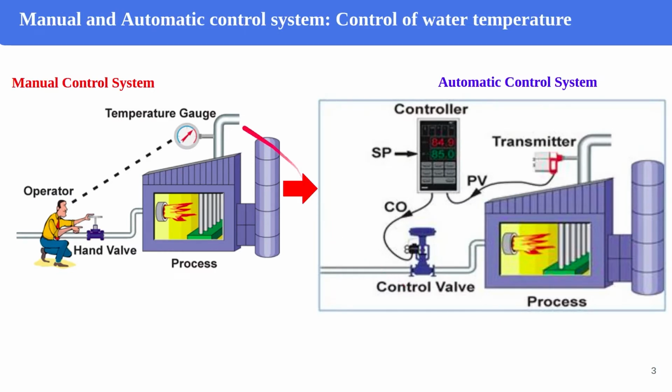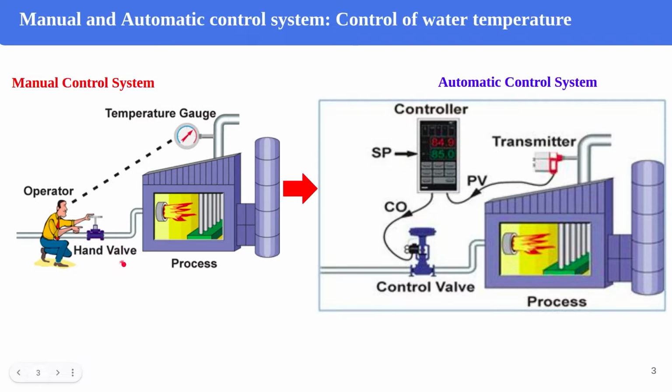We have both manual and automatic control systems. For example, we want to control the water temperature. Here in the manual control system, to keep a constant temperature of water discharged from an industrial gas fired heater, an operator has to watch a temperature gauge and adjust a fuel gas valve accordingly.